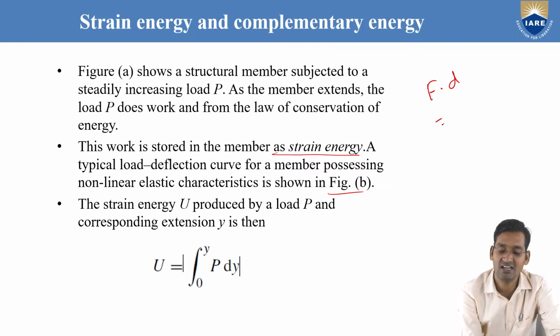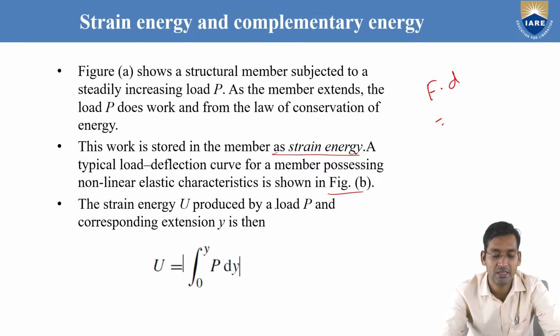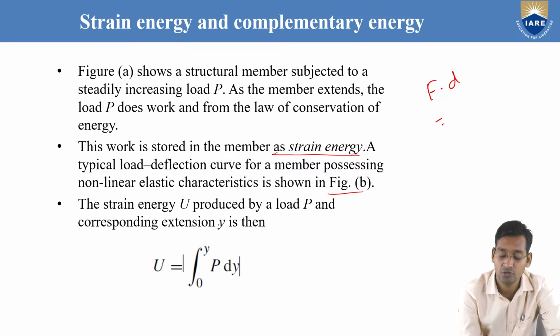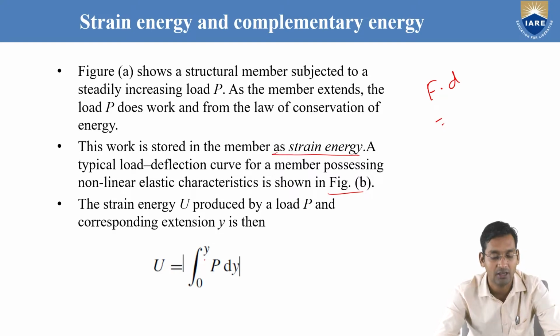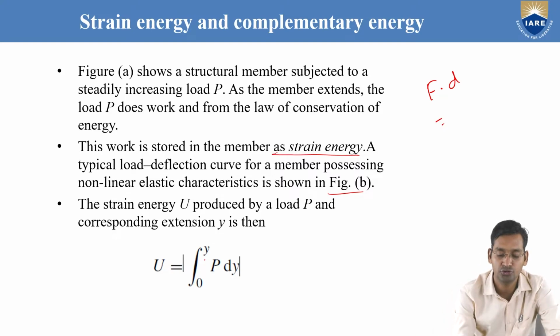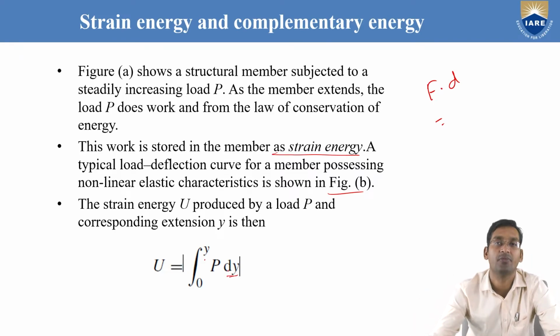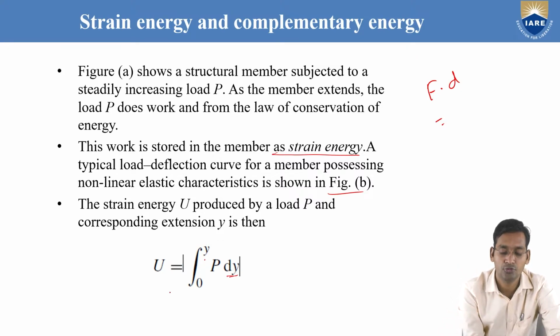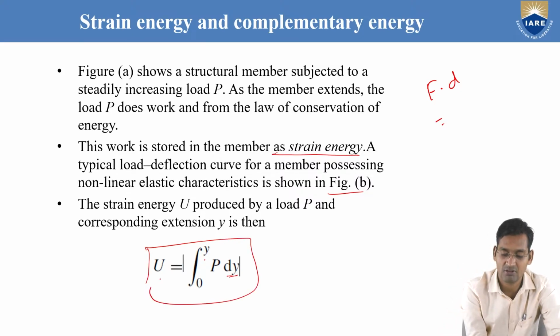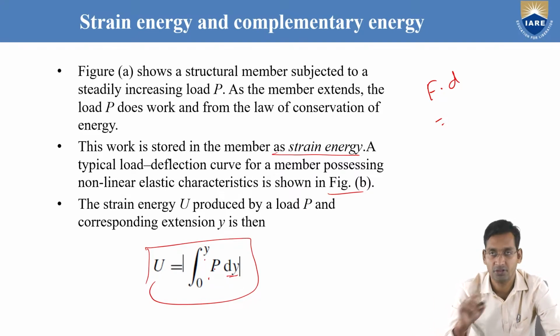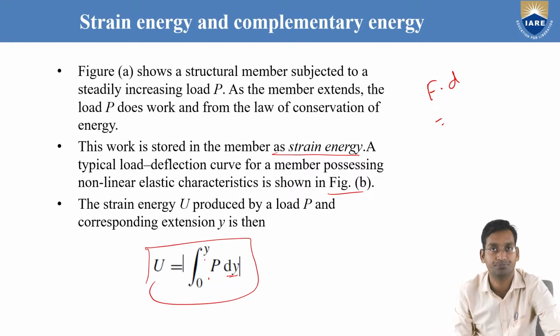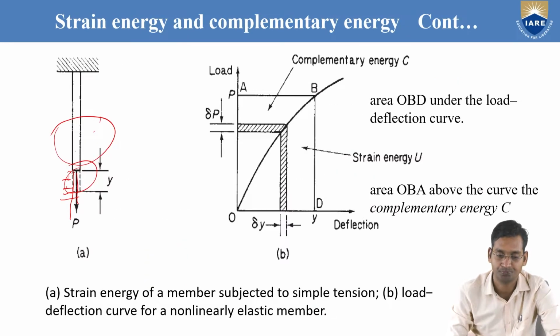The strain energy U produced by a load P and corresponding extension Y is given by the integration from 0 to Y, because the total extension is Y, starting from 0. It increases by a very small amount dy. So the integration of this will give you the stored energy, that is the strain energy U.